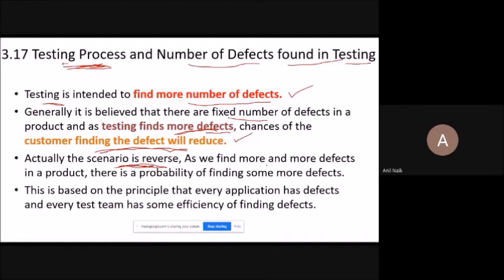As we find more and more defects in a product, there is a possibility of finding some more defects.